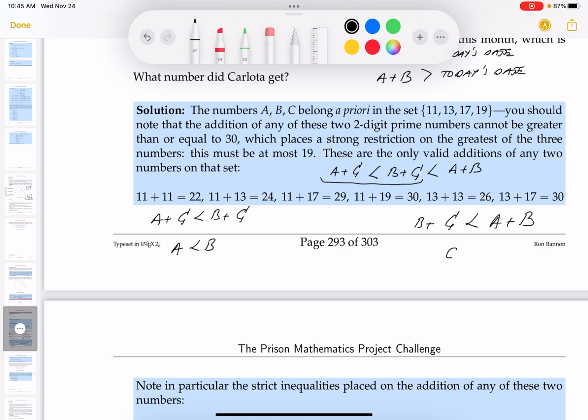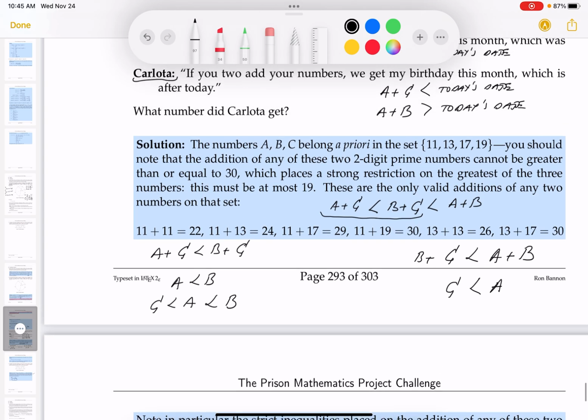It says that C is less than A. Let me see if that's true. Take B from both sides. You can see C is less than A. Yeah, I think I have something over here. All right, I got that part done.